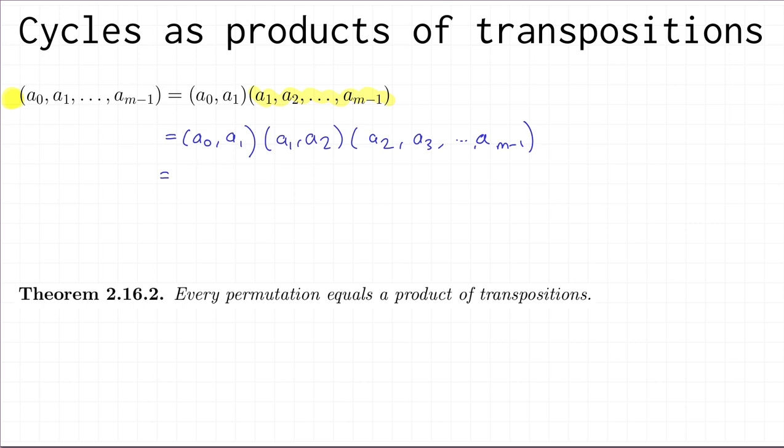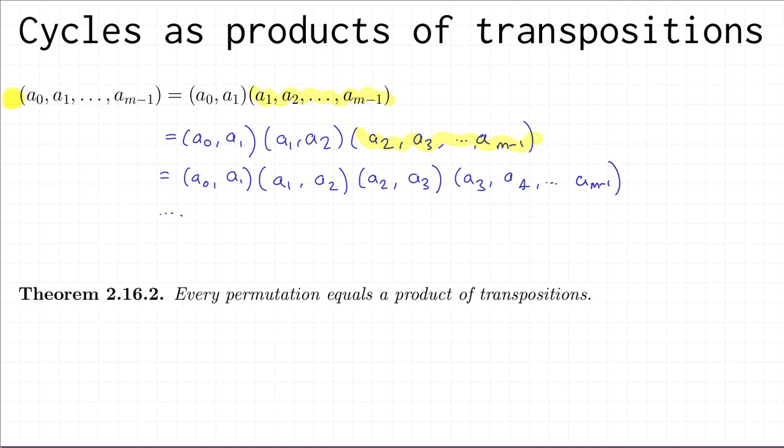Okay, and now we could do it again. We could leave this bit alone, leave the next bit alone, and apply the lemma from the last slide to this thing, and then that would say that it was equal to (a2 a3) times (a3 a4 and so on up to am minus 1). Okay, you see what I'm doing here?